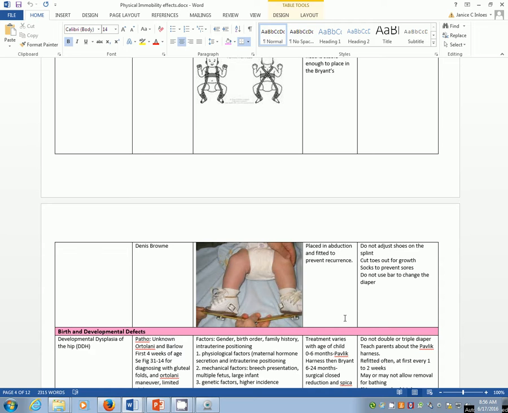When the shoe looks like it's too tight, you need to take them to the therapist and have a new pair replaced. And a lot of times they have special shoes already that if you can afford to buy them, they'll buy those shoes. So just be sure that the toes are out.